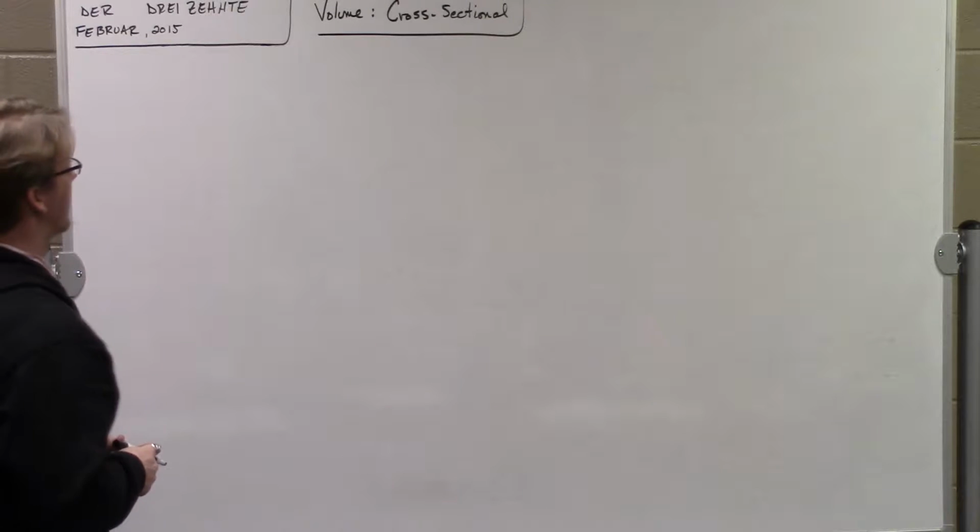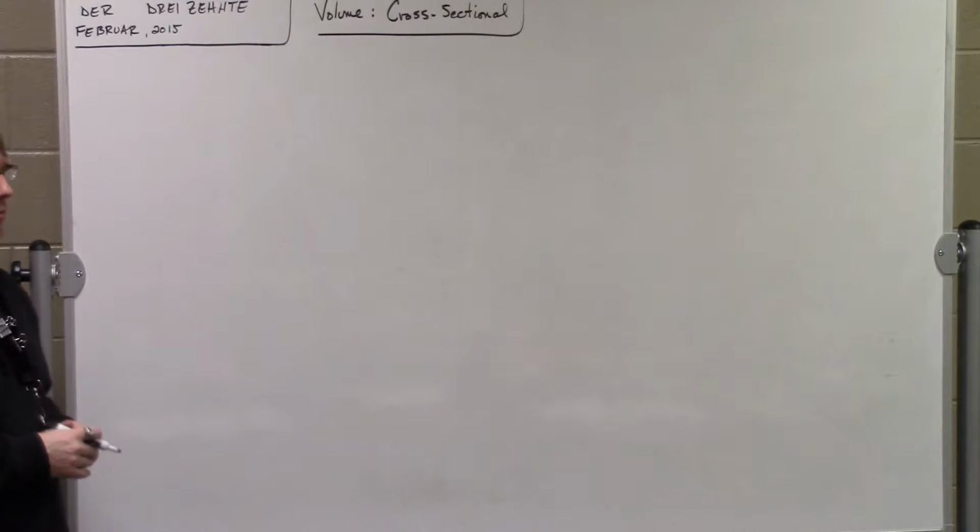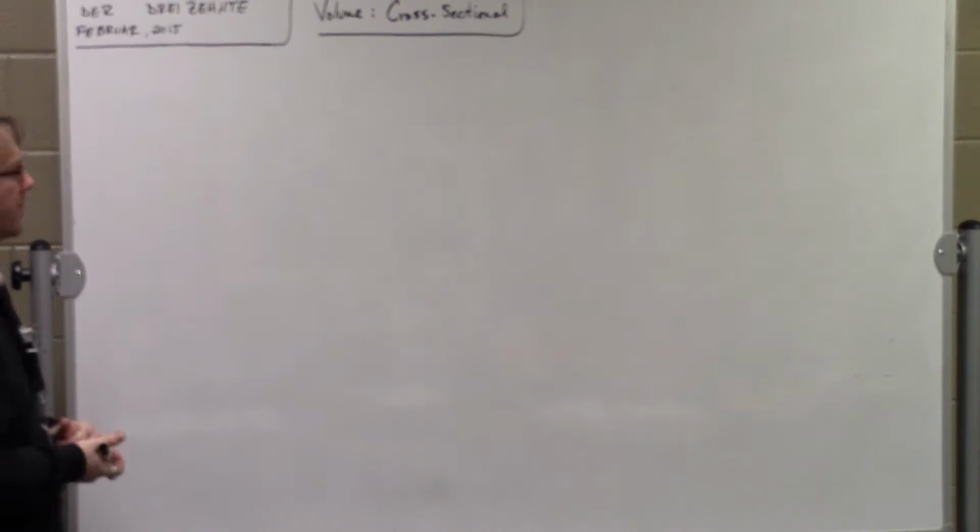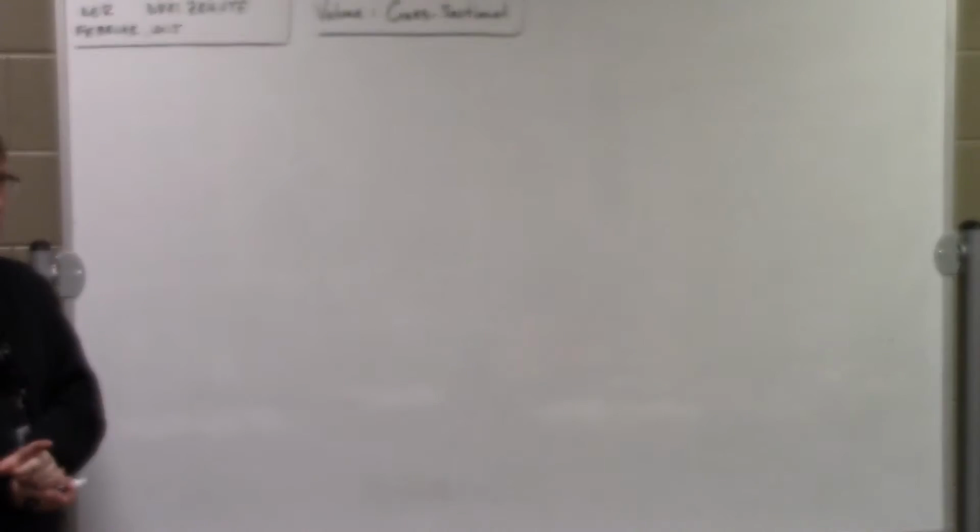Let's start with a typical setup. These are very, very wordy. There's like a paragraph of words here. I'm going to write it once, just so you've seen it, and then for the rest of our examples, just paraphrase what's going on. So here's how they would have worded a problem like we're about to do.